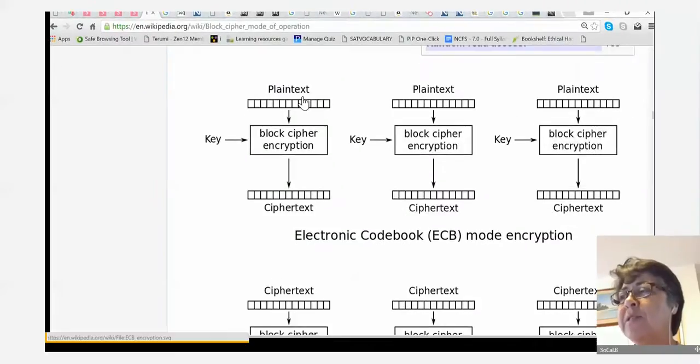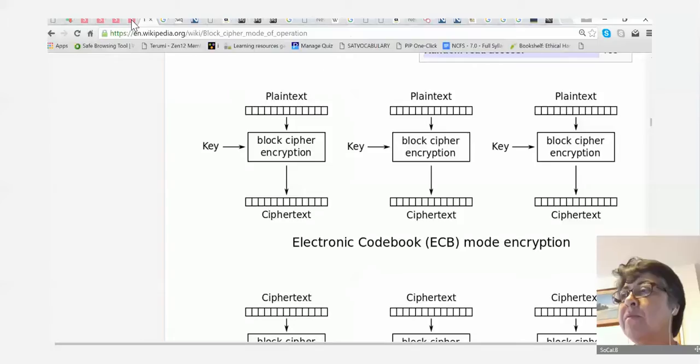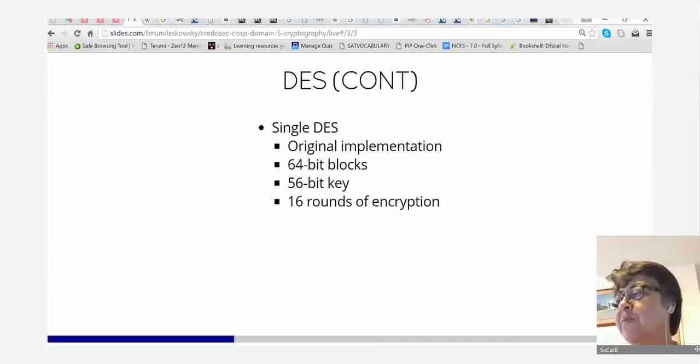And what they're saying is that 16 rounds means you put the plain text in, pop out the ciphertext, you take that and you put it into the cipher again, and you get the ciphertext of the ciphertext, and then you put that in again, you get the ciphertext of the ciphertext of the ciphertext. So you do that 16 times. This is called rounds. And you do 16 times on each of the blocks. That's what a round is, okay? Alrighty. So that's what DES is.